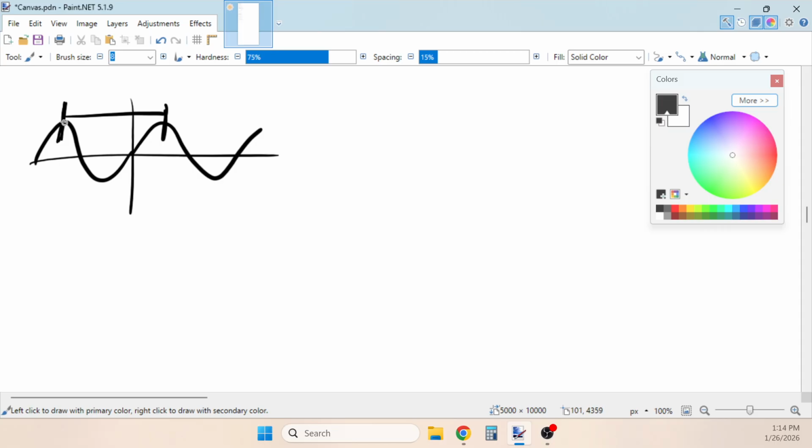So we're at the peak of this curve here. We come down through this trough here and we come back up to the crest. This takes, on sine, 2 pi. This is the same thing for cosine and secant and cosecant.